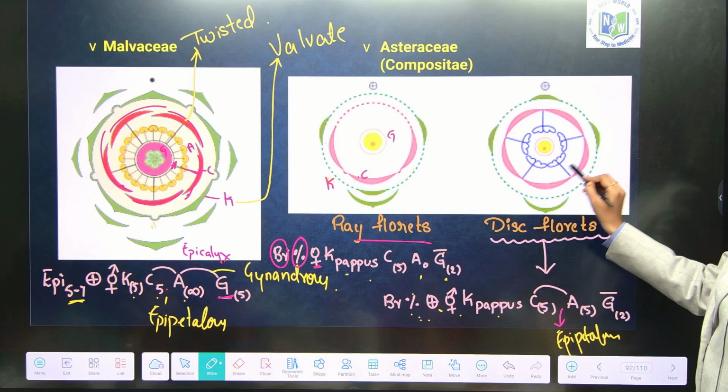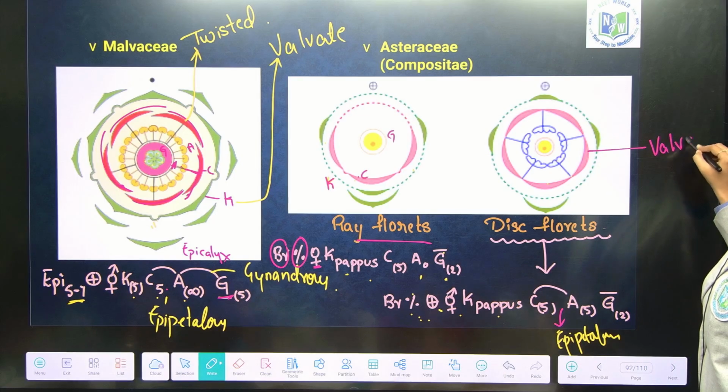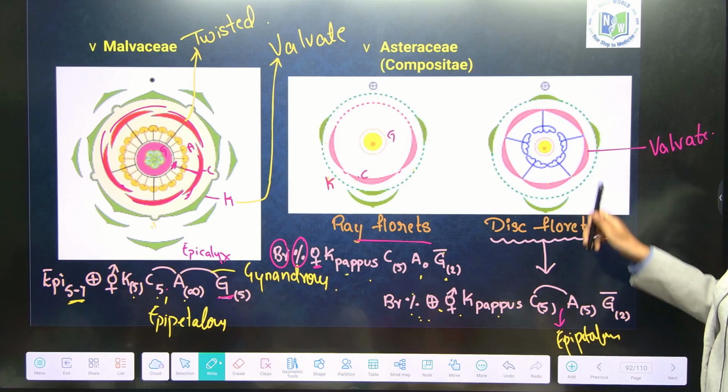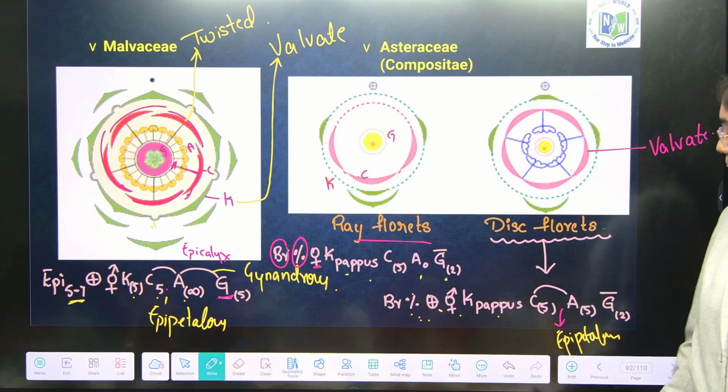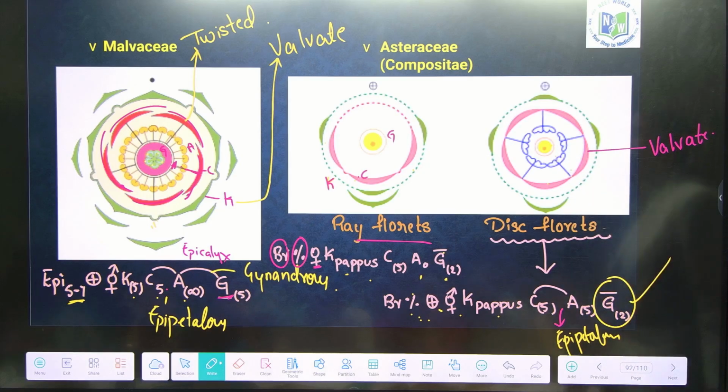Okay. Corolla 5 fused of what estivation? Valvate estivation. Okay. And androecium are 5. Gynoecium epigynous bicarpellary. Clear with ray florets and disc florets of Asteraceae members? Clear with Malvaceae?